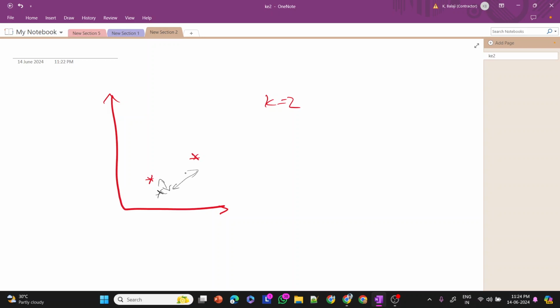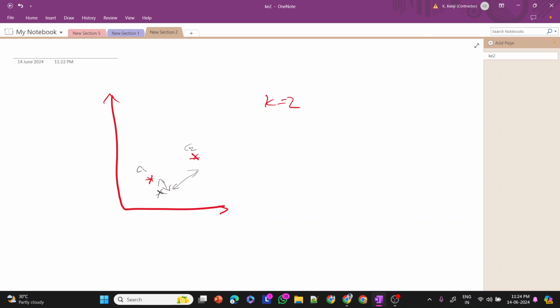After calculating the distance, consider this centroid C1 and this centroid C2. The new point is so close to centroid 1 that we consider this point belongs to cluster 1.